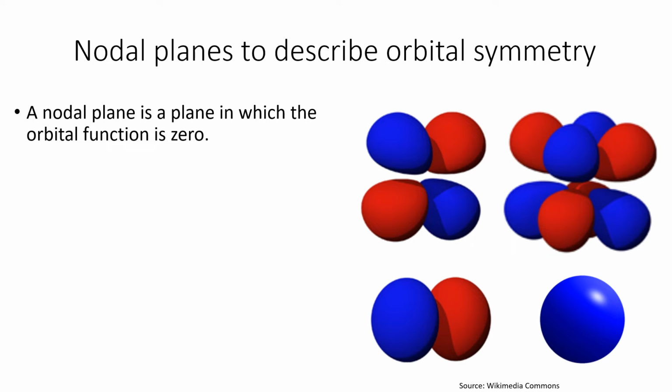It's also interesting going on to look in terms of nodal planes. This will be a plane in which there is no electron density to be found in the wave function. This is because the wave function might be moving from a positive phase to a negative phase, so clearly it's got to go through 0 somewhere, and that 0 is a nodal point.